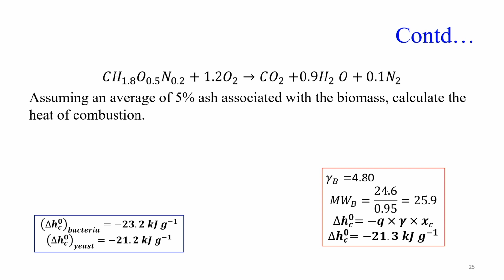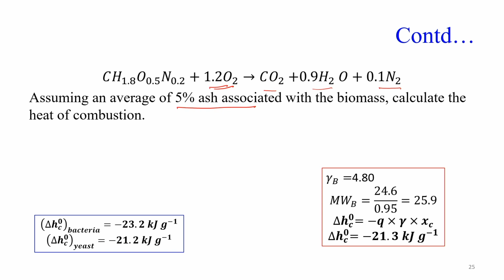So, let us consider this reaction here where oxygen is a principal electron acceptor. What it says is biomass is oxidized, it is converted to carbon dioxide, water and N2. Here it says assume 5% S. What is the consideration of S?